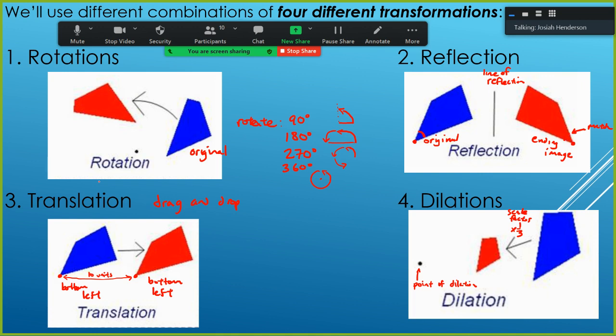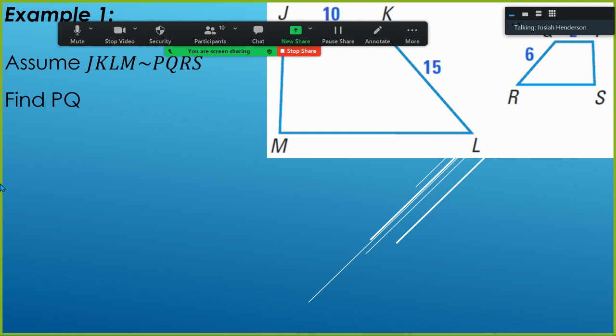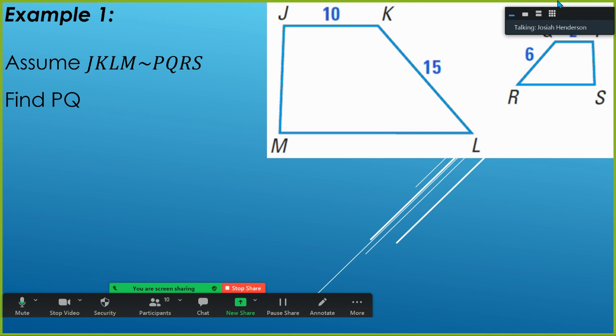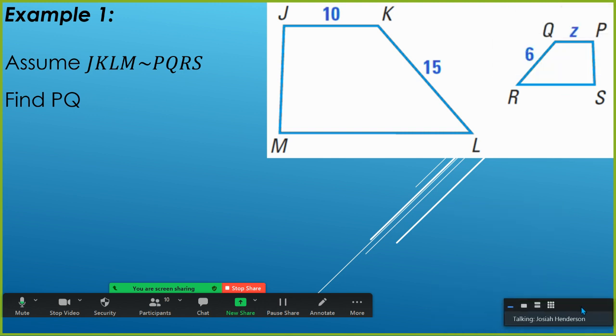Okay, here we go. Let's look at two examples of just finding the scale factor, because we're going to be doing this probably for every single problem or question in today's mastery test. Example one: assume that JKLM is similar to PQRS. This symbol here means similar. That means the angles are the same and the sides are proportional.